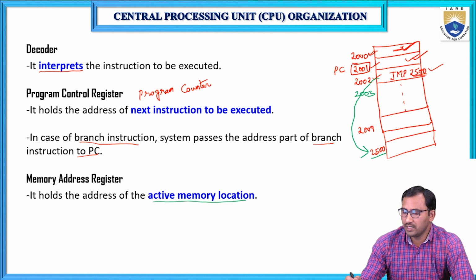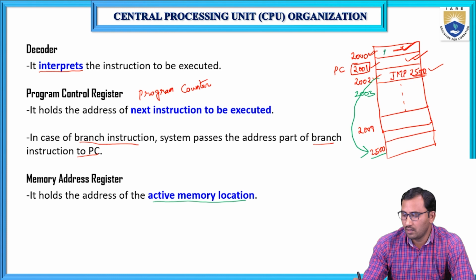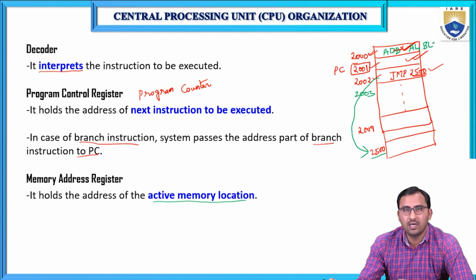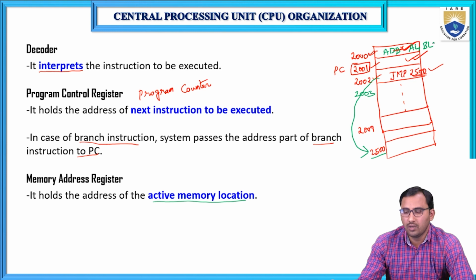Suppose in the 2000 location we have add AL comma BL, one assembly instruction. Whenever this first instruction is executing, that corresponding memory address will be stored in the memory address register.